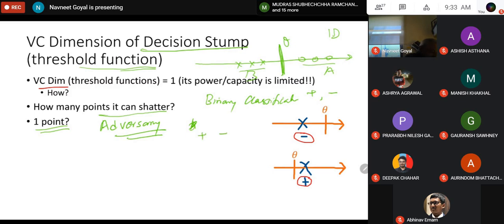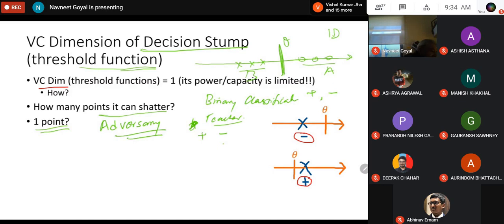I'm the teacher, or the instructor, and I can assign any grade to any point or any student. Either I can assign a plus or a minus. So if I have just one student, I can either give him a plus or a minus.